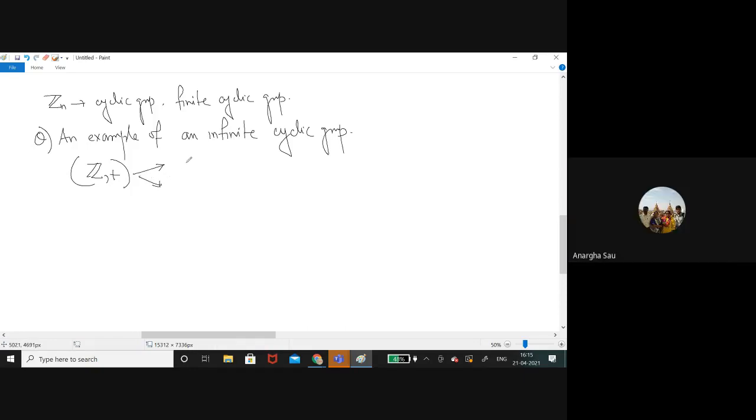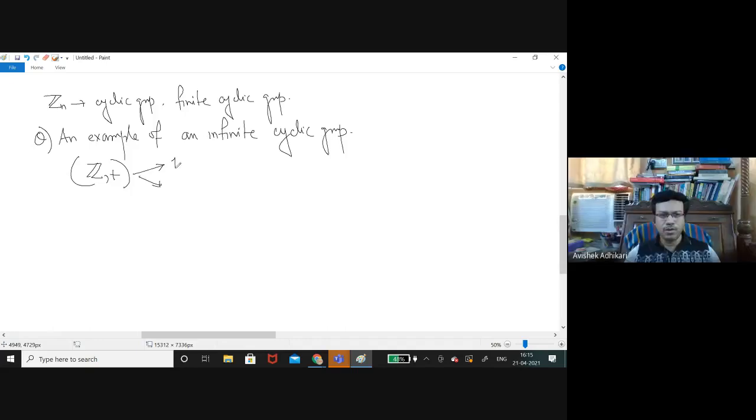Yes, sir, 1 and minus 1. So 1 and minus 1 are the generators according to him. Very good, they are correct. Now tell me, how can you express minus 7 in terms of this generator?